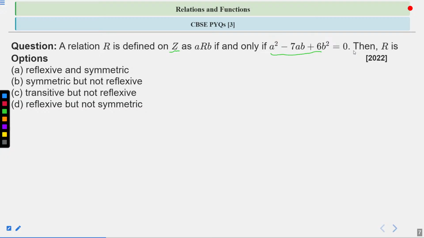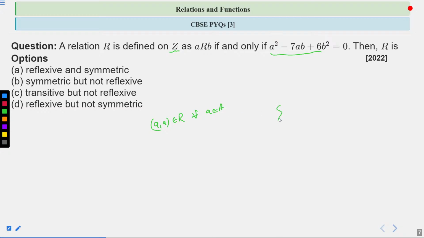So again, I am repeating the conditions of reflexivity, symmetricity, and transitivity. What was the condition of reflexivity? (a,a) should belong to R for all a belonging to A. Got it?